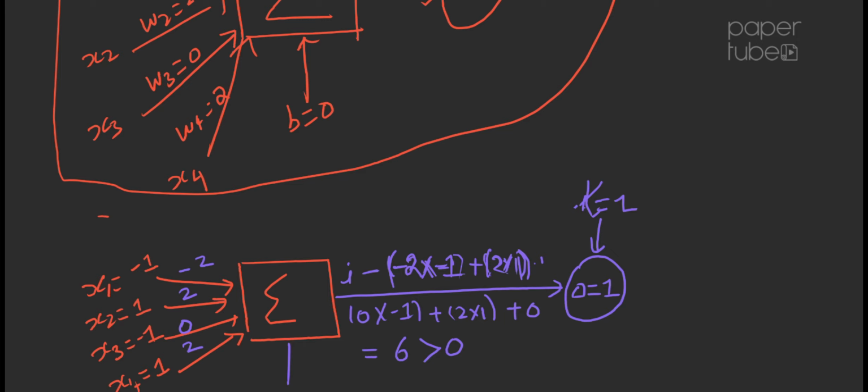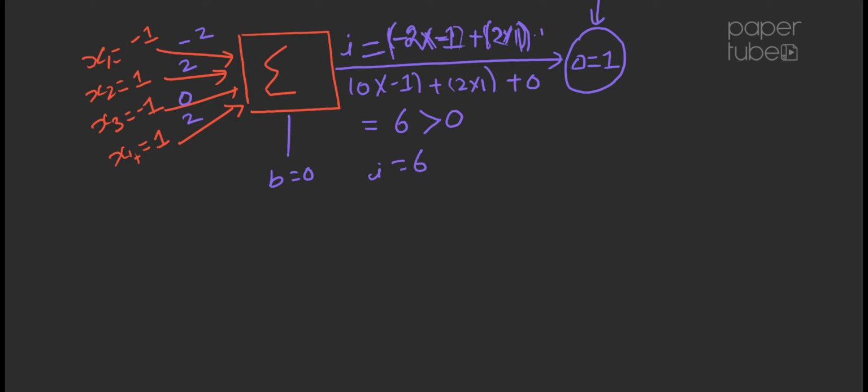So try to calculate the net input correctly. You should get a net input value of 6, which is greater than 0.